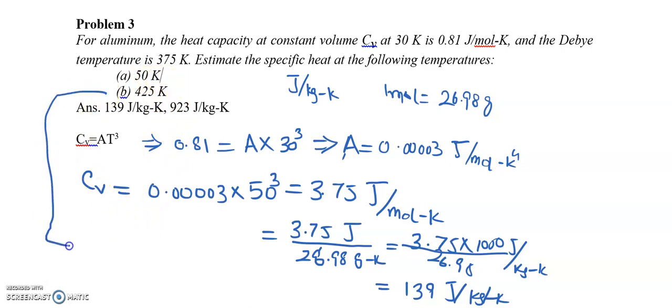For the next value, 425 Kelvin is higher than the Debye temperature, which is represented by theta.